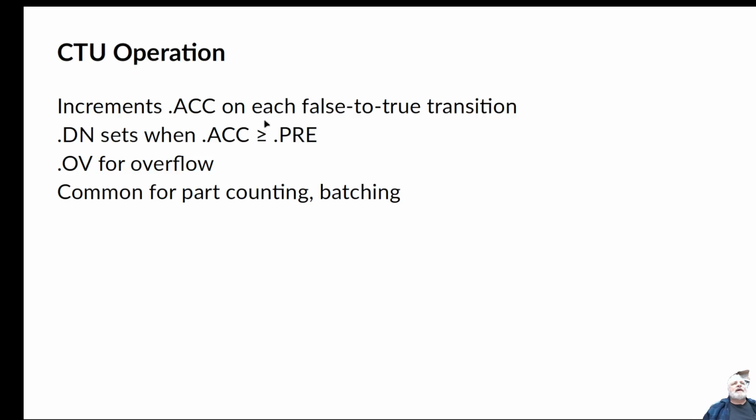Every time you activate it, meaning that the rung was false and then goes to true, that is 1 count, and it'll advance the accumulator value by 1. When the accumulator is greater than or equal to the preset, it'll hit done. There's also an overflow bit: if you keep counting after it's done, it'll also flag the overflow.